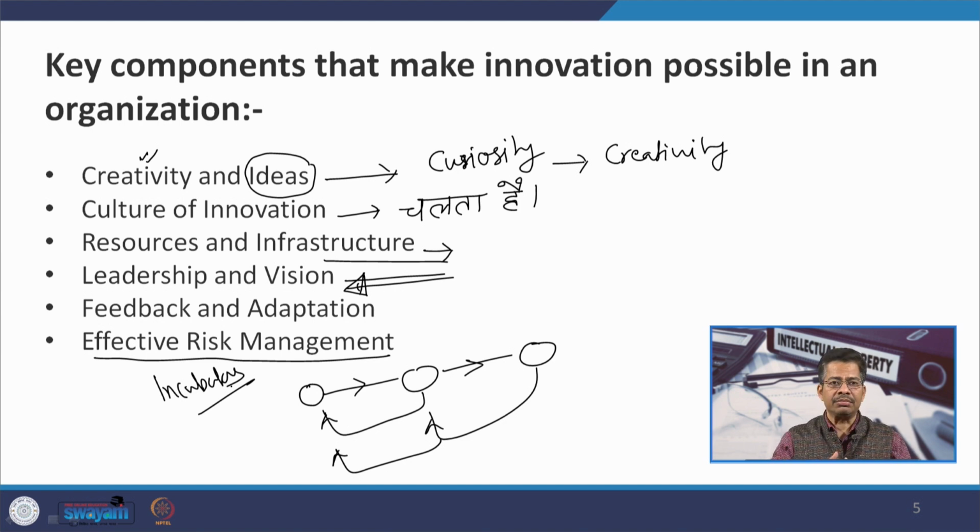The Government of India is giving a huge amount of support in terms of grants etc. to various incubators, to various innovators through various schemes. That is again an example of effective risk management. So, when you have a proper risk management system, more and more people are interested to start the process of innovation.